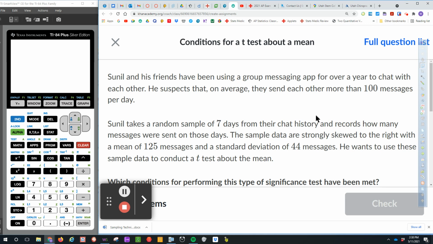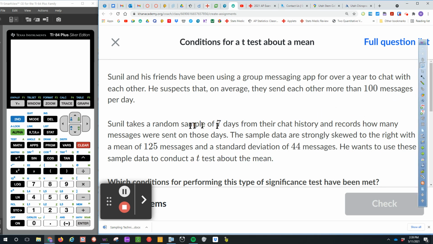Sunil takes a random sample of 7 days from their chat history and records how many messages were sent on those days. The sample data are strongly skewed to the right with a mean of 125 messages and a standard deviation of 44 messages. He wants to use this sample data to conduct a t-test about a mean.